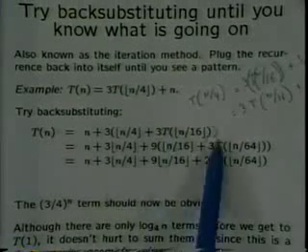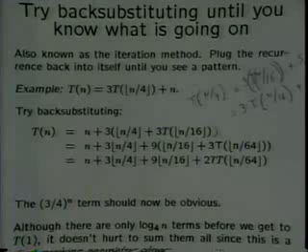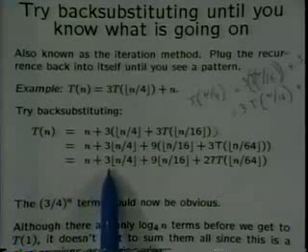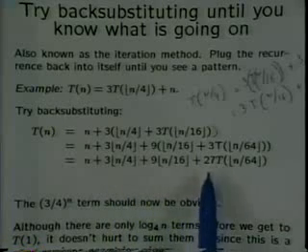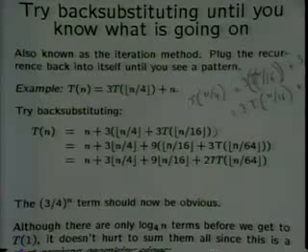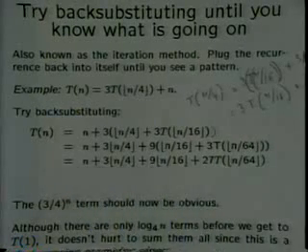If you plug things in for 3 levels and do the algebra right, you'll get an expression like this: n plus 3n over 4 plus 9n over 16 plus 27n over 64. Hopefully you start to see a pattern. The things on top are powers of 3: 3, 9, 27.